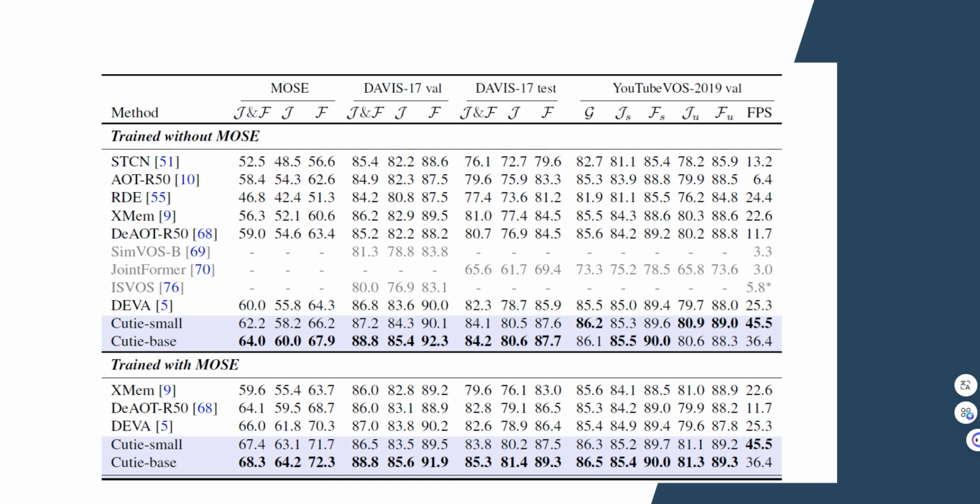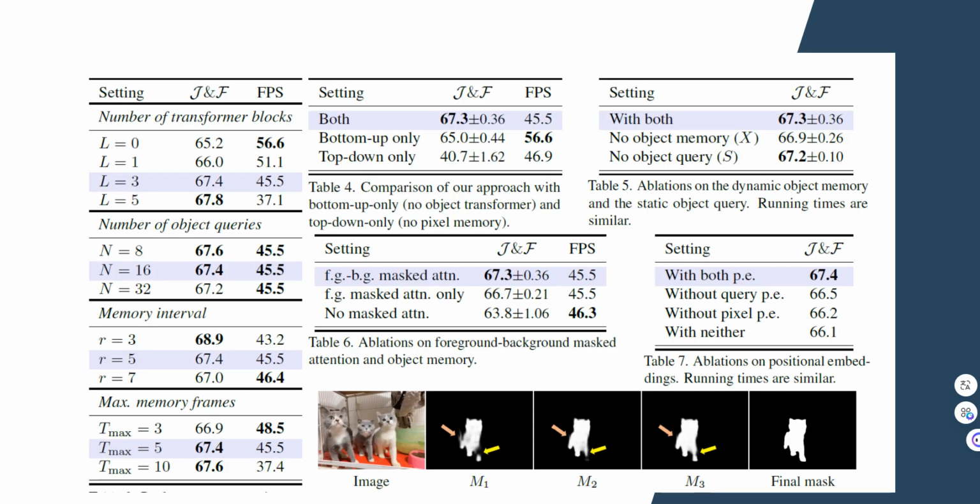Okay, and this is where the author mentions the hyperparameters used, including the number of transformer blocks. The author used 3, and for the number of object queries, the author used 16, along with other settings like mask attention or no mask.